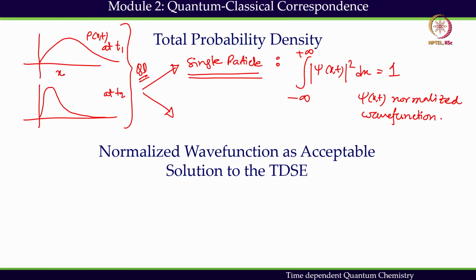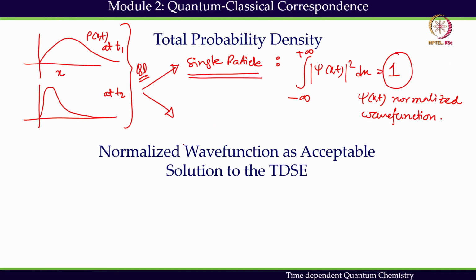So, if the wave function is a normalized wave function, then the total probability of finding the particle in the entire position space is always 1, and this is called global conservation of probability, because I have only one particle in the entire space.